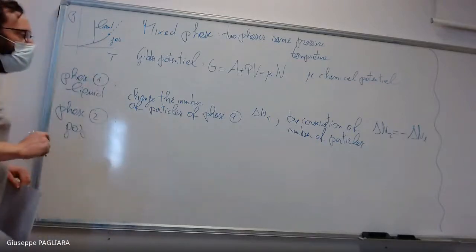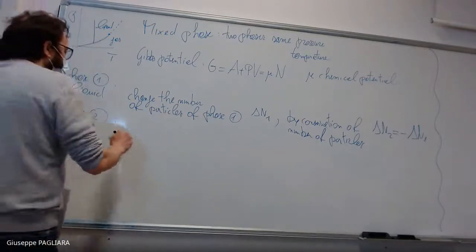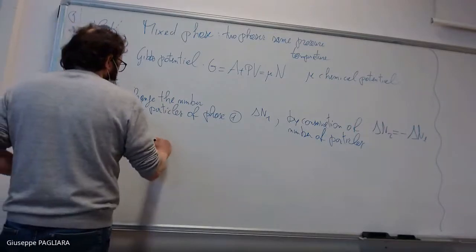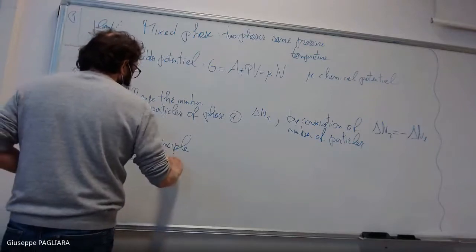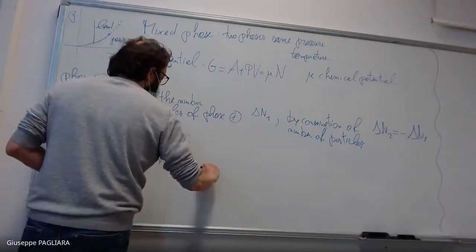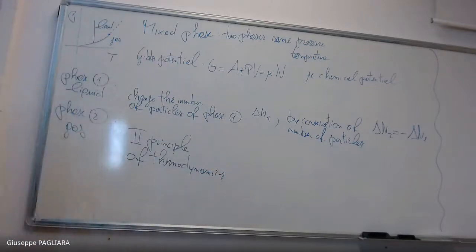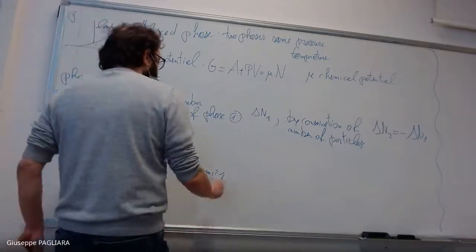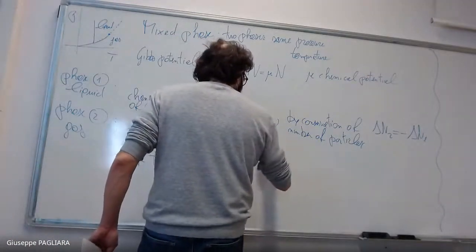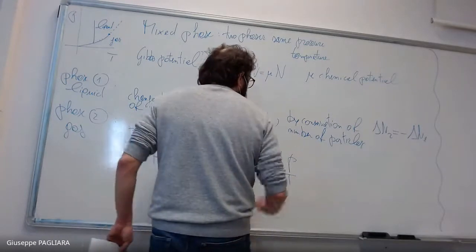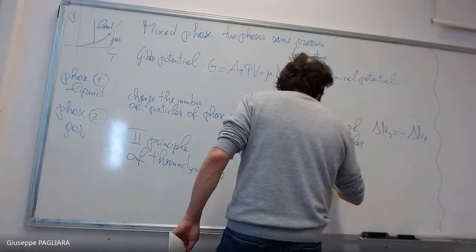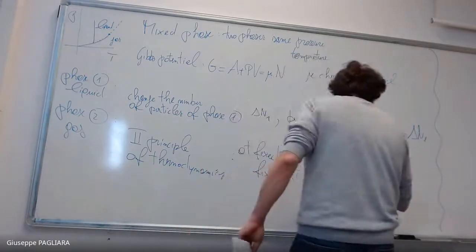Now, the second principle of thermodynamics tells me that once you have fixed pressure and fixed temperature, then the potential that you have to minimize is the Gibbs potential. Okay, so at fixed P and fixed T, you have to minimize Gibbs.